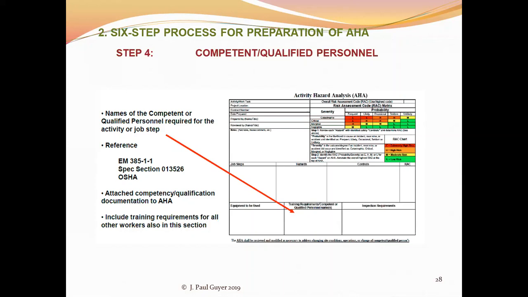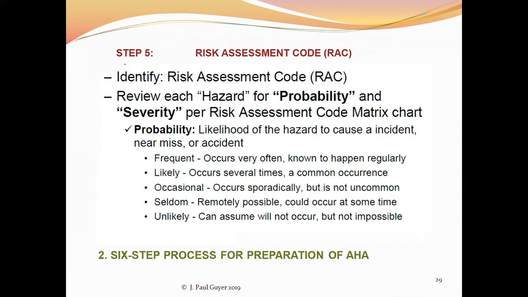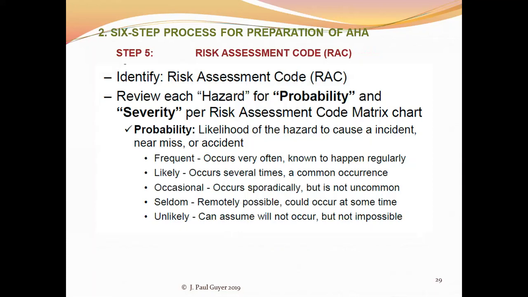And that brings us to step 5, which is the determination of the risk assessment code. And again, it is a combination of probability and severity of a hazard materializing and there being an incident on the job site. So probability, keep the terminology relatively simple.